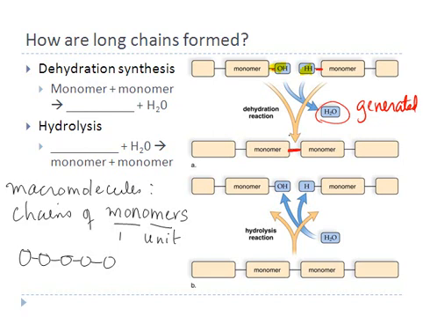So this would be a reaction in which you're synthesizing or connecting each unit. So monomer plus monomer will give you one water molecule, and the chain that you get is called a polymer because there are more than one. You can call them polymers or chains.